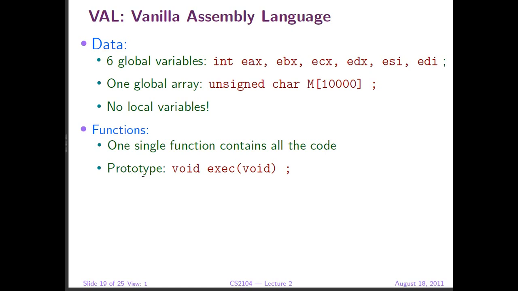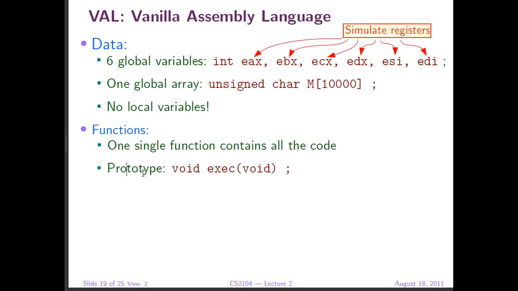But you're not allowed to declare any local variables. There's only one function with this prototype, right here. This is the only function that you're allowed to write. And your code has to perform any computation, like any function in any other programming language.